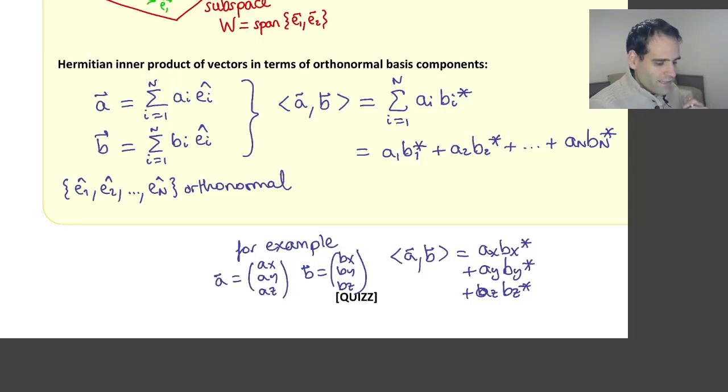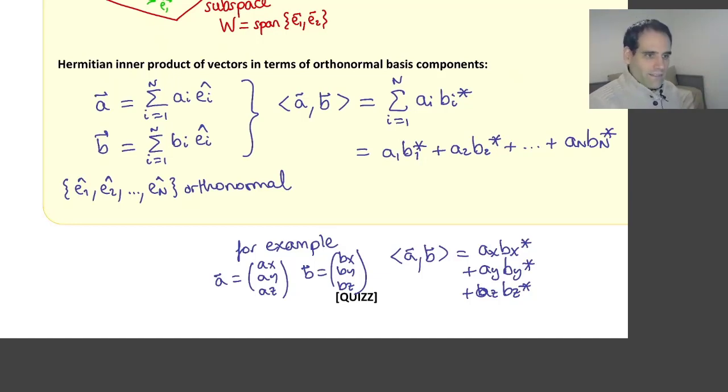So then you arrive at saying that the inner product is equal to ax bx plus ay by plus az bz, which is what you already know as the dot product. That is because the dot product is an example of an inner product when the vectors are real, so that the complex conjugate doesn't affect the result. But remember, when the vectors are complex, if you want to do this inner product, you always have to remember to conjugate the second vector.